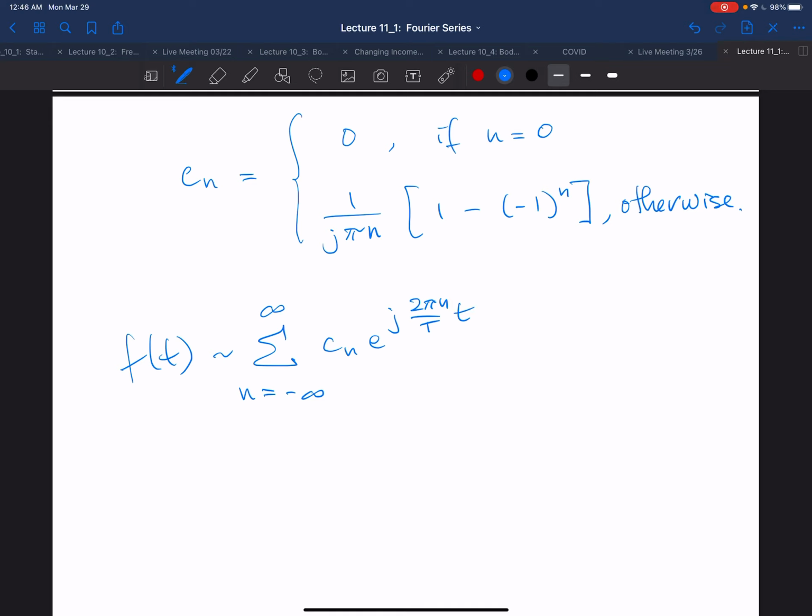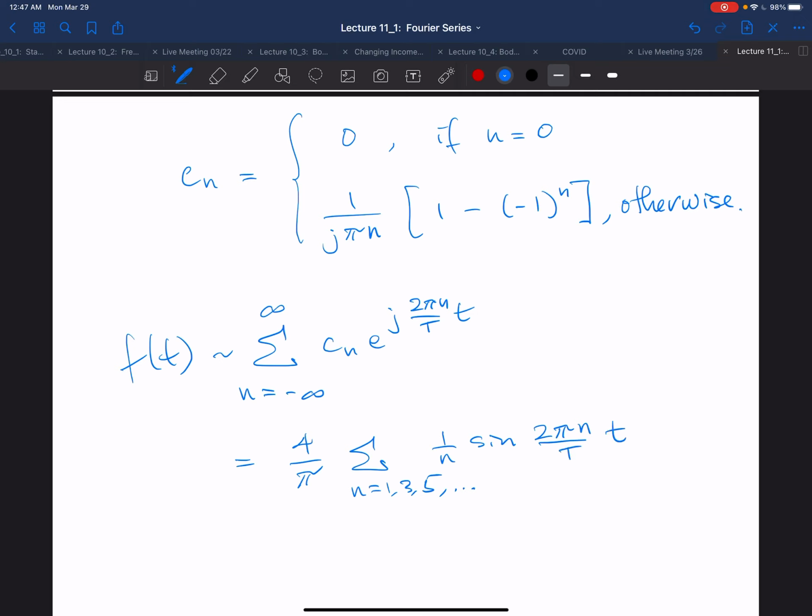That's our standard form for the Fourier series, but in this particular case it works out to be 4 over pi times the sum over n equals 1, 3, 5, and so forth, where n is odd, of 1 over n times sine 2 pi n over capital T, t.